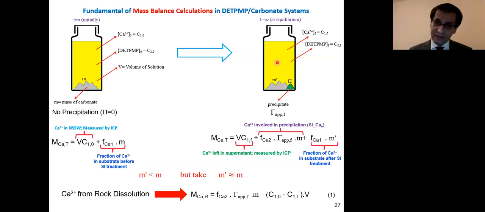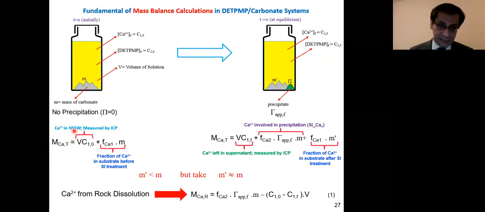On the other hand, the initial concentration of calcium changes to the final, and DETP-MP concentration changes to the final scale inhibitor concentration.